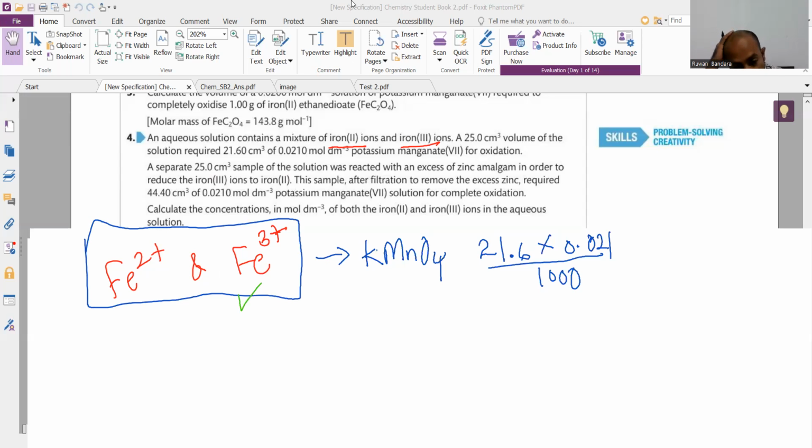Give the answer based on your knowledge. Will KMnO4 react with Fe3 plus? Kaushika, what do you think? It should either be yes or no. Nothing else. Latushan? Yes or no?